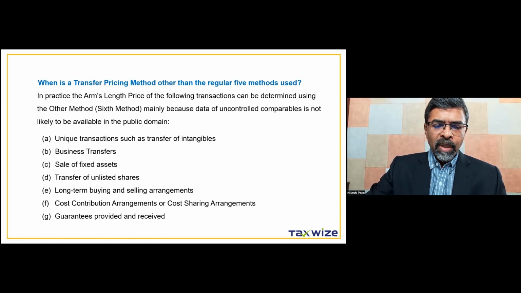Guarantees provided and received to borrow loans from financial institutions. For these kind of transactions, we will not be able to apply the first 5 methods, and so we will have to apply the other method.